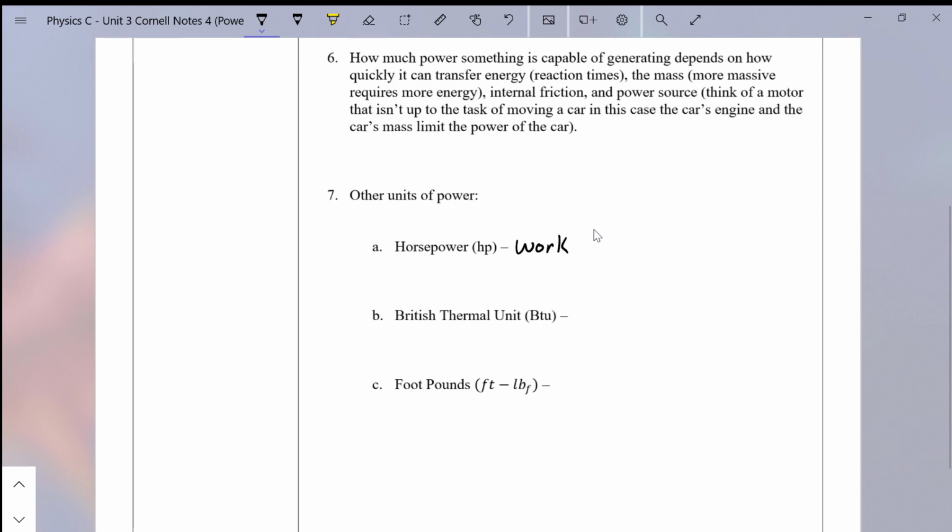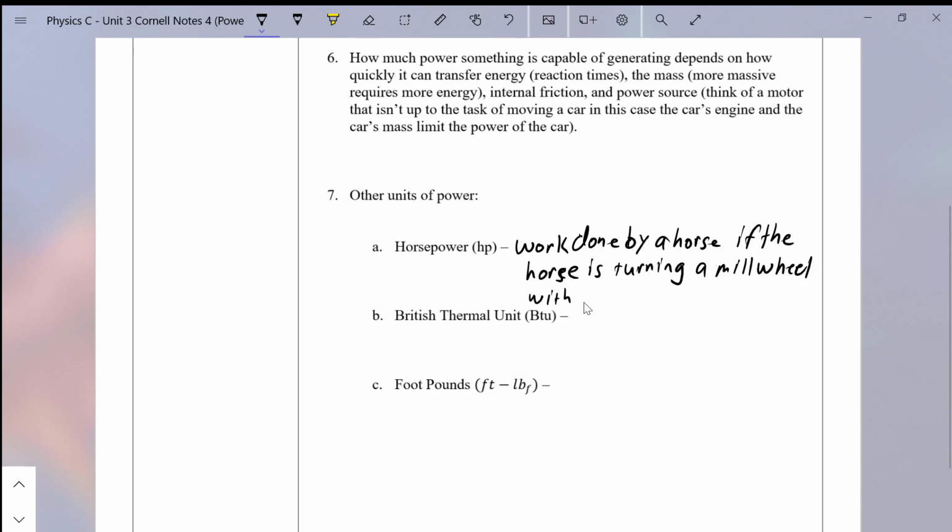So it is the amount of work done by a horse if the horse is turning a mill wheel with a radius of 12 meters. So this is a very, very old definition.